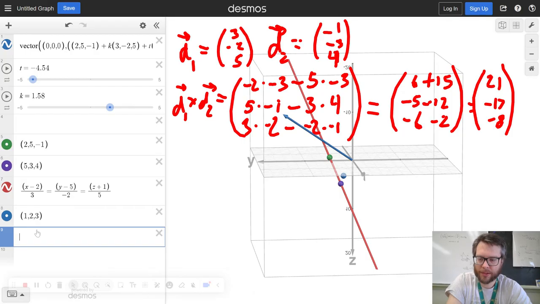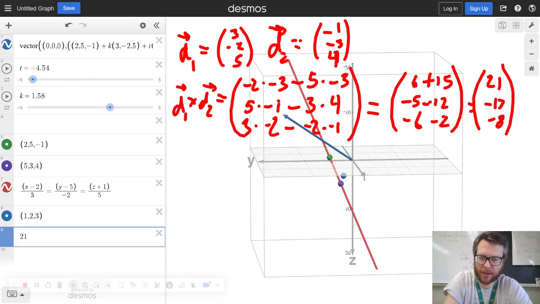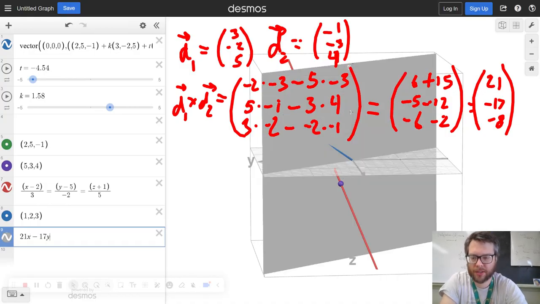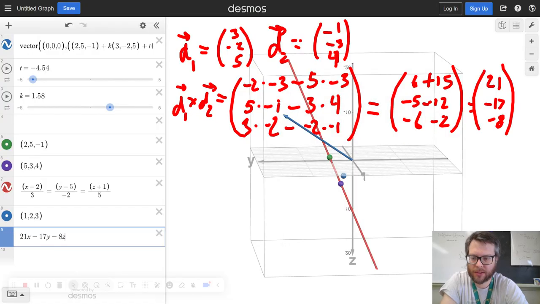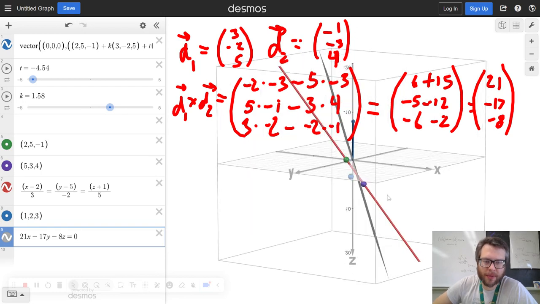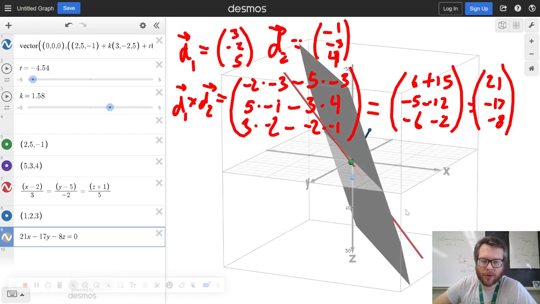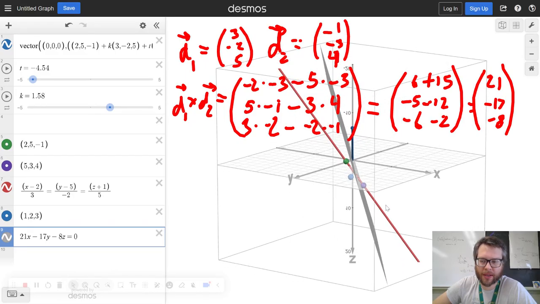What we know is that the cross product gives a vector that's perpendicular, and every vector in the plane is perpendicular to the normal vector. Perpendicular means if I do a dot product, I get 0. So I do 21x minus 17y minus 8z, and I get 0. All right, so you can see this plane in there, and what I need to do now is shift that plane.